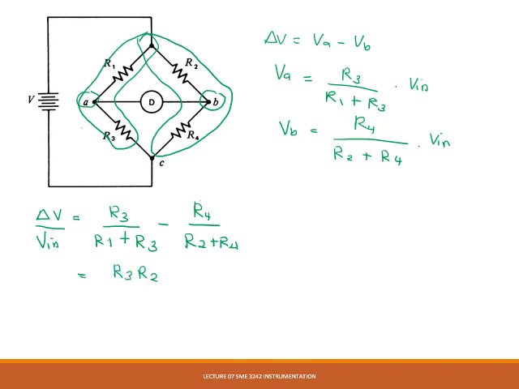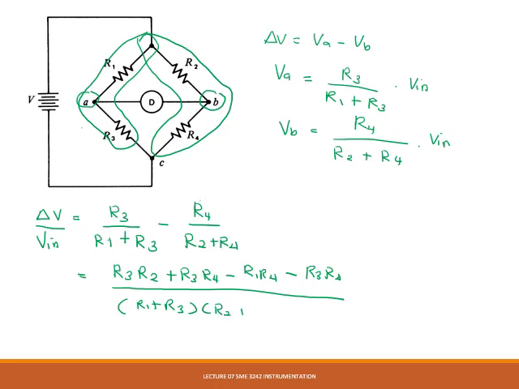R3 R2 plus R3 R4 minus R1 R4 minus R3 R4, divided by R1 plus R3 times R2 plus R4.